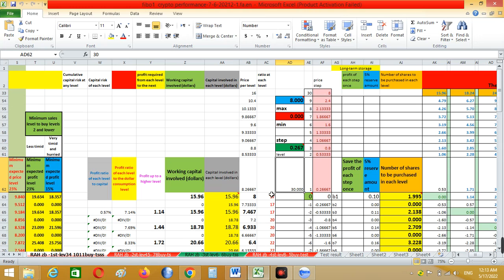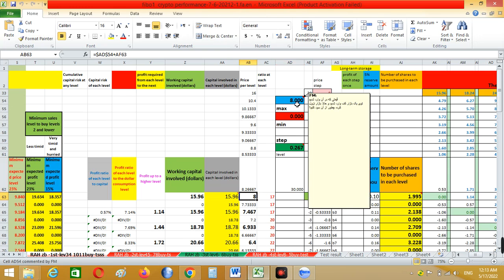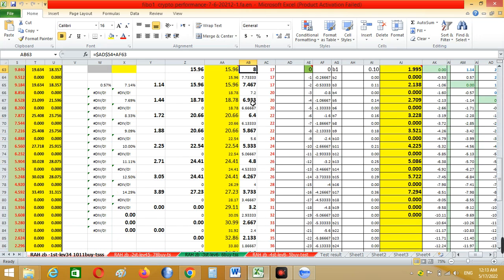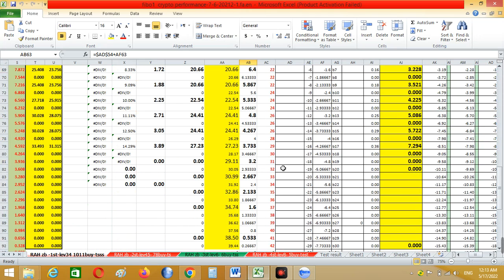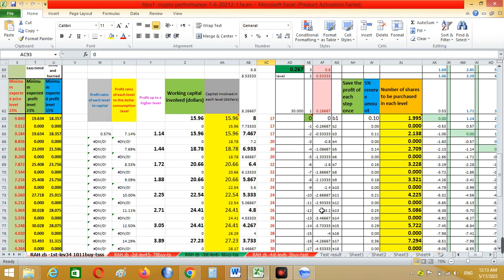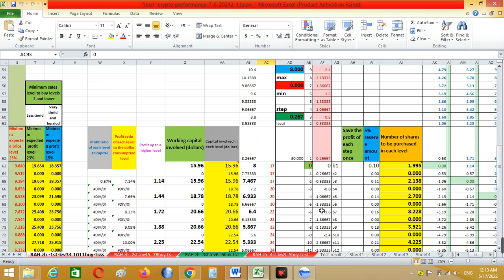In my table, I suppose that if you enter at, for example, price 8, after 30 levels the price comes down to 0. We know that a price equal to 0 is not available.